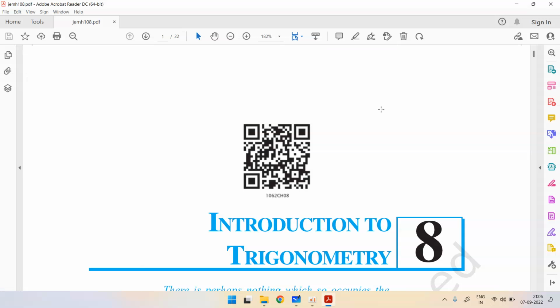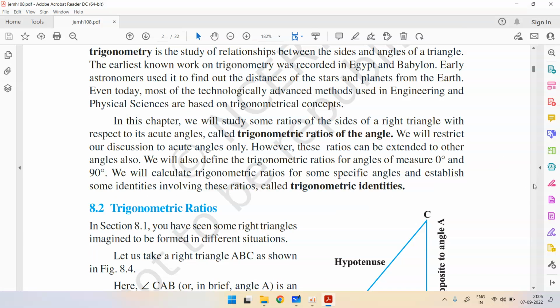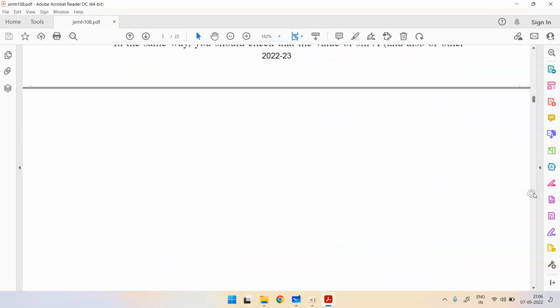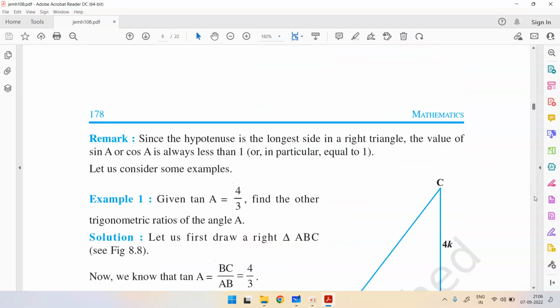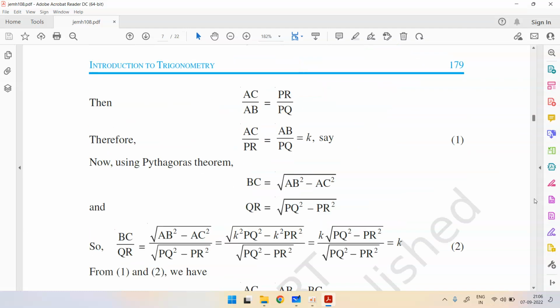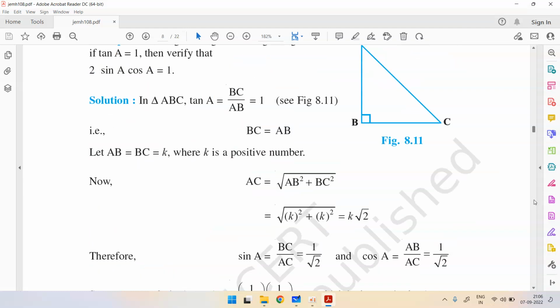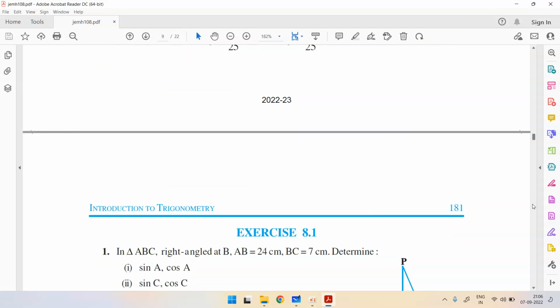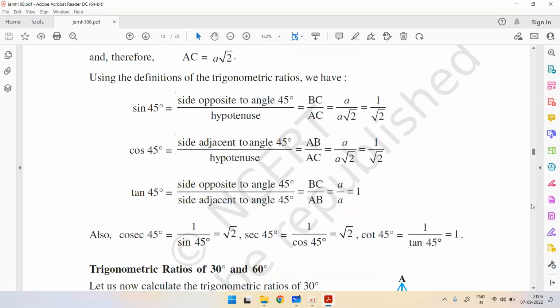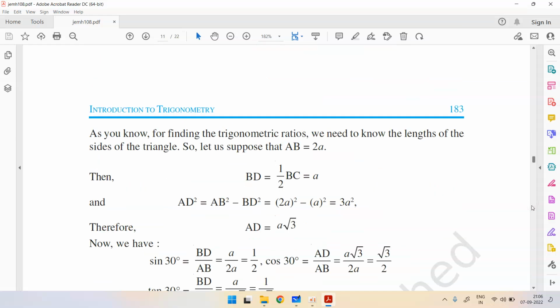Now what else is given is trigonometry. Yes, you have done sine theta, cos theta, and tan theta. You have applied the formulas.